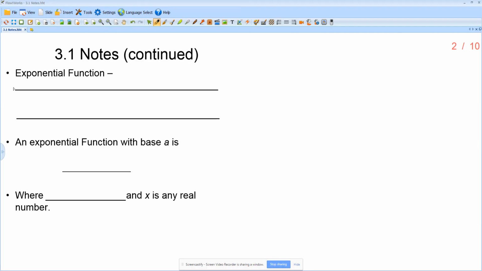An exponential function is a function in which the exponent is a variable or the exponent is a variable expression.